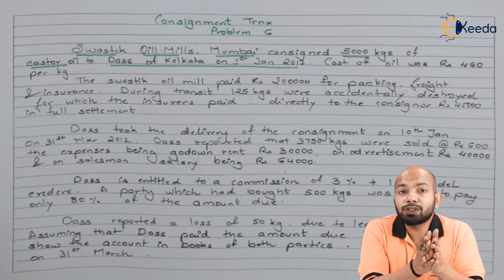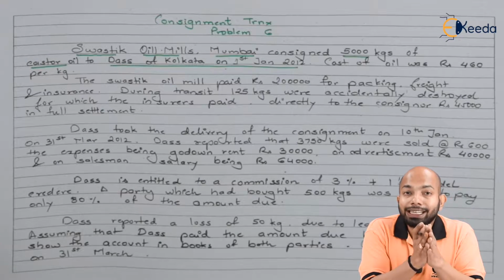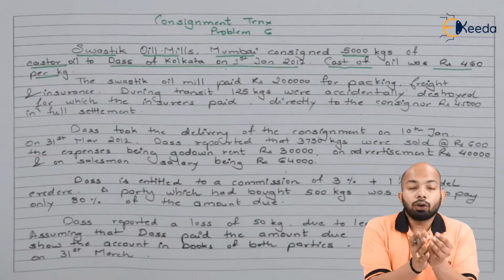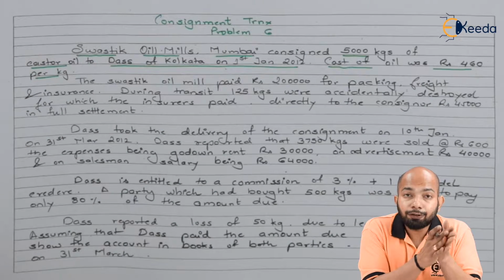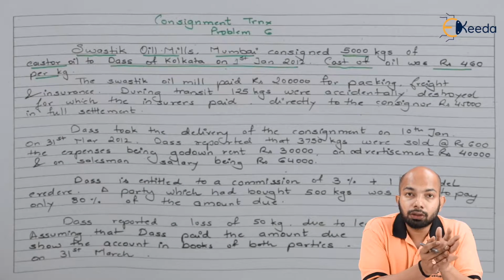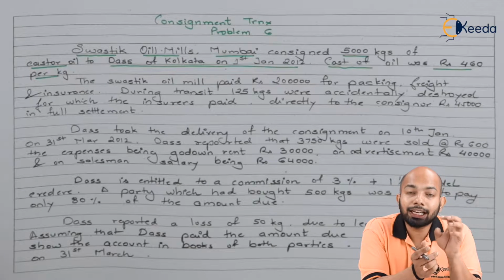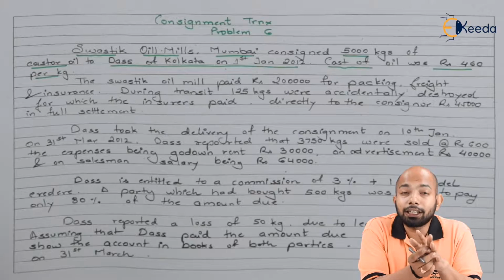Make sure the dates are mentioned here. The cost of that castor oil was 460 rupees per kilo. That means 5,000 multiplied by 460 will give you the exact price of the consignment that has been sent to the consignee.